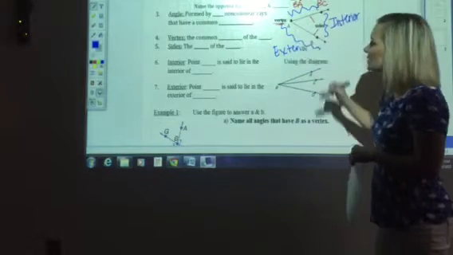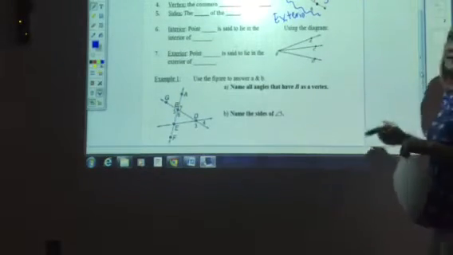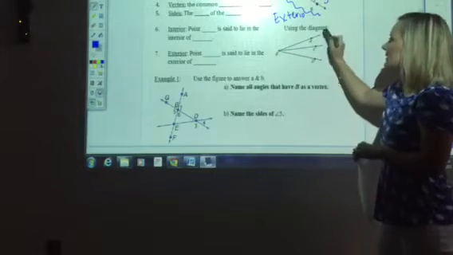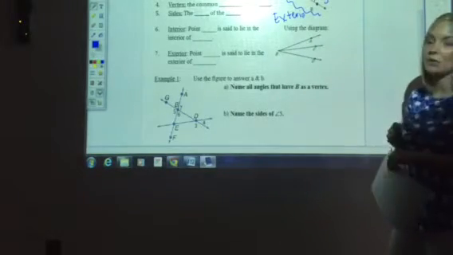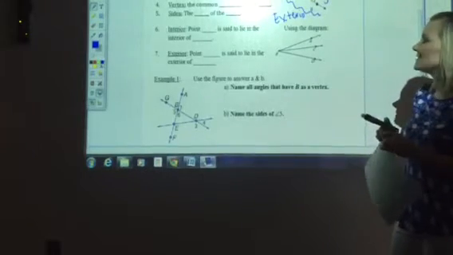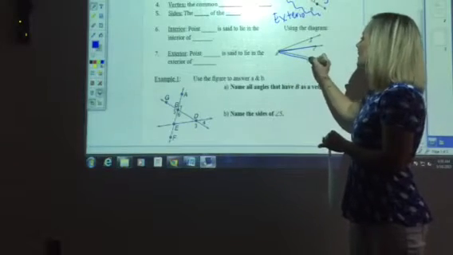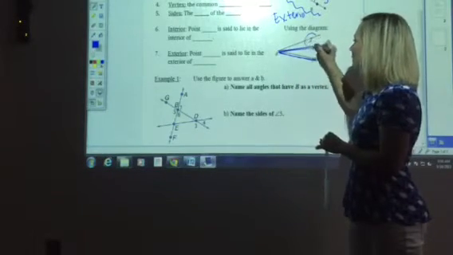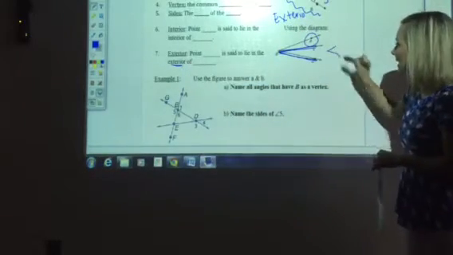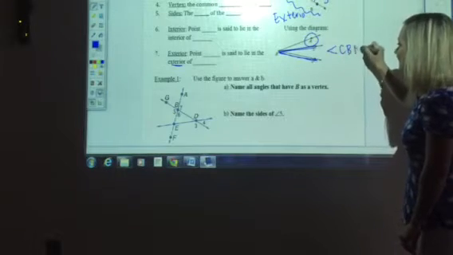If you're looking at this example here, notice you actually have three angles. You have an angle here, you have an angle here, and then you have one great big angle. If I was asked to name a point that's on the exterior of this angle right here, well, in this angle, A would be in the exterior, and I would name this angle as angle CBD.